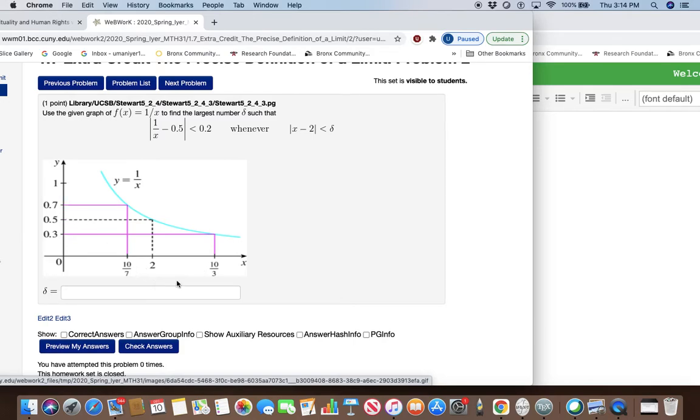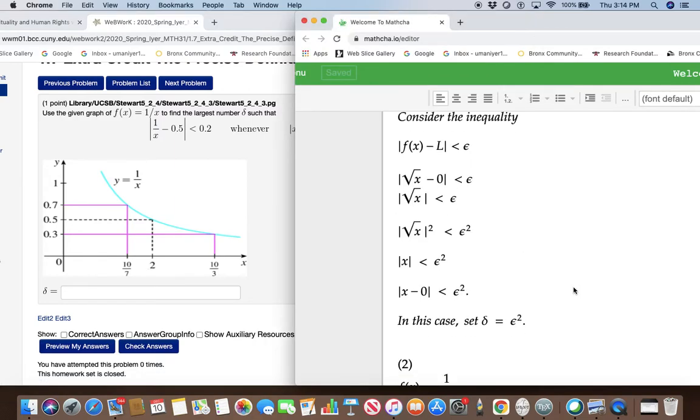So delta should be small enough and symmetric. If I take this particular distance, well, that's too big because its symmetric image would be farther beyond my allowed range, you see. So I need the smaller one so that its symmetric distance also is within my interval. So that distance is delta, okay?